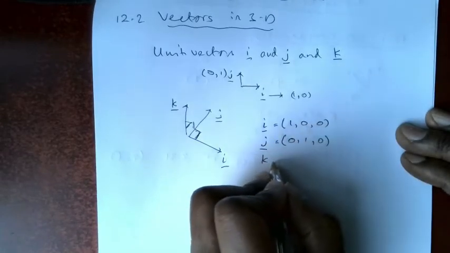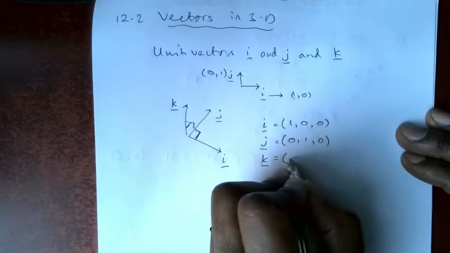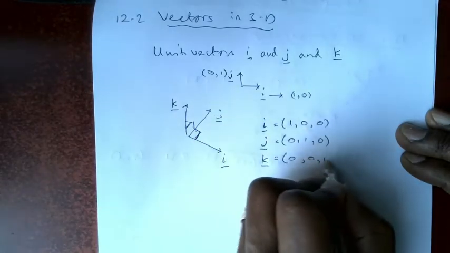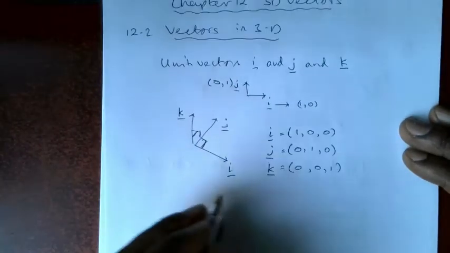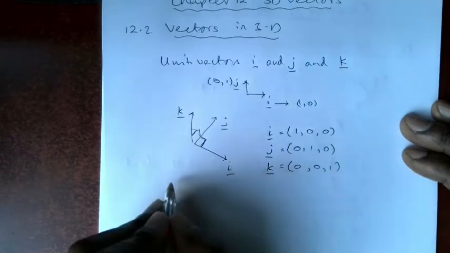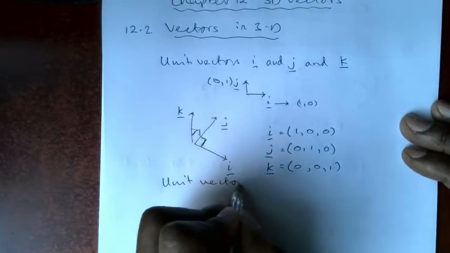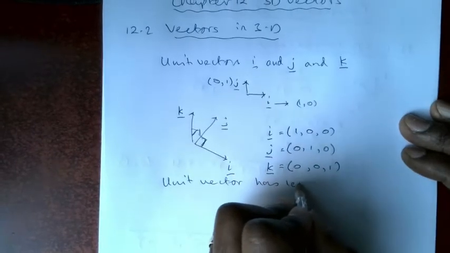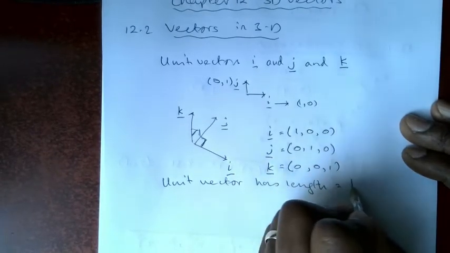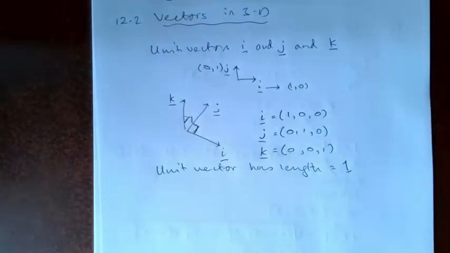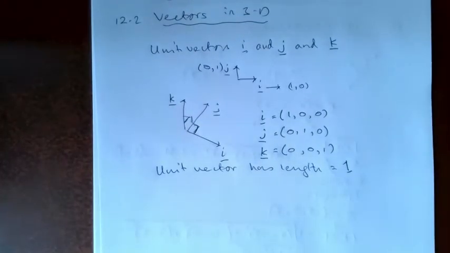And then for k, you can probably see the pattern. It's going to be 0 that way, 0 that way, but 1 that way. And what's important about a unit vector is that its length is 1. So a unit vector has length equal to 1. Okay, and we'll be doing a little bit more on unit vectors in a moment.